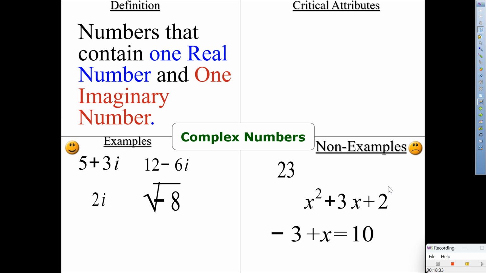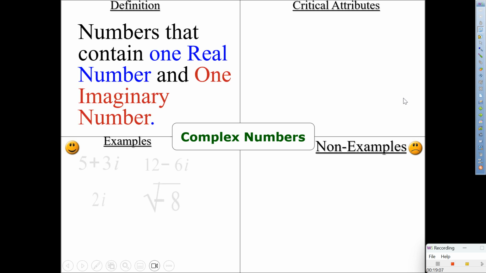So, Clarissa, why are these not complex numbers? Let's go with the first one. It's a real number. Squared, it's got variables, so this is just a regular what, guys? Expression. An equal sign is an equation, and that's not a number. If it has an equal sign, it doesn't have a number.